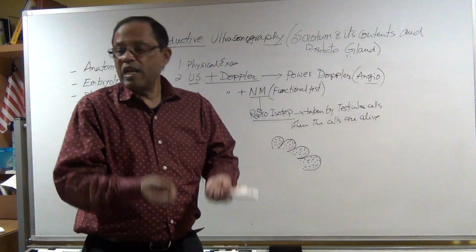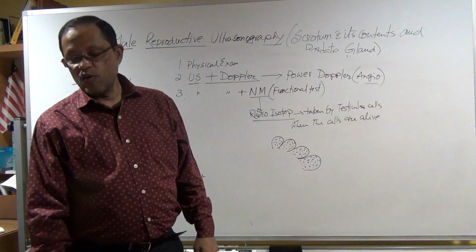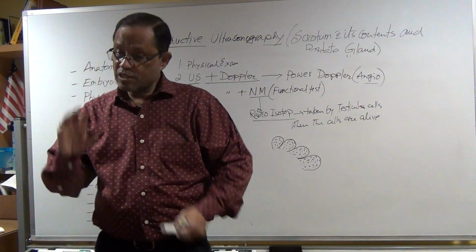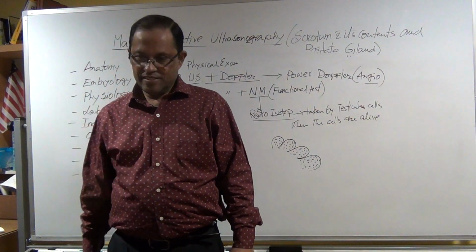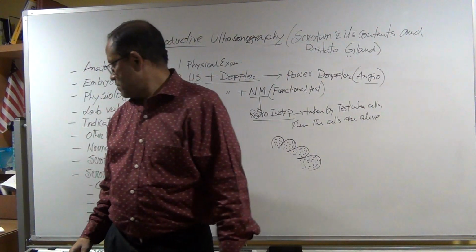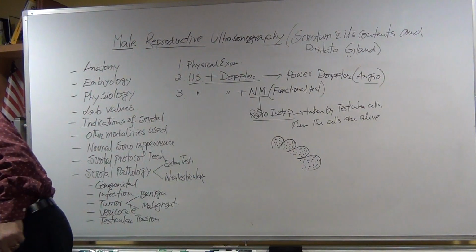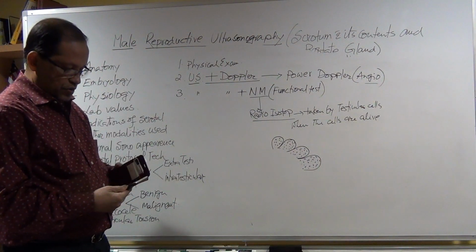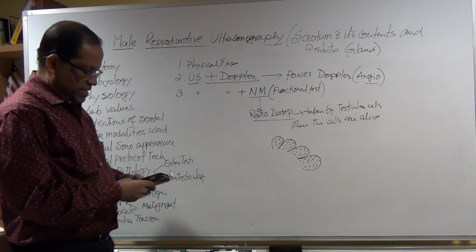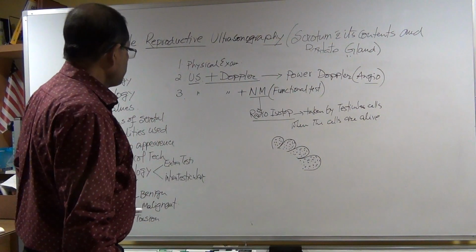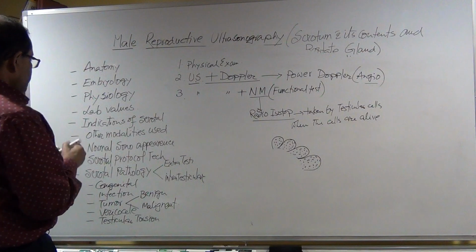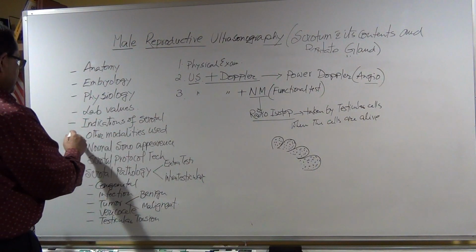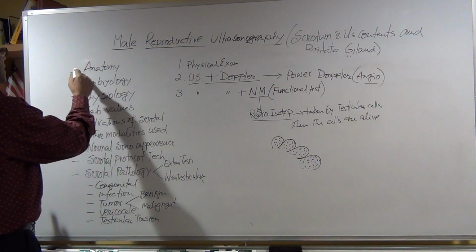We'll open, we'll untwist. The organ could be savable. Same thing for torsion of the ovary. The ovary can have torsion, and we can save the ovary too, because it's a very time sensitive issue. Okay, so other modalities, we're done.